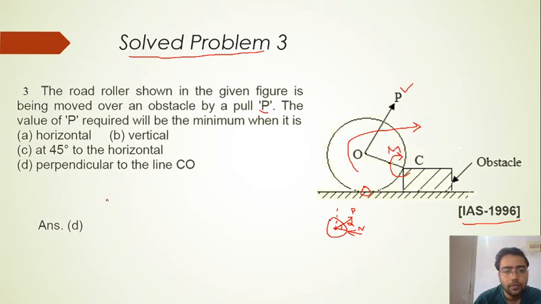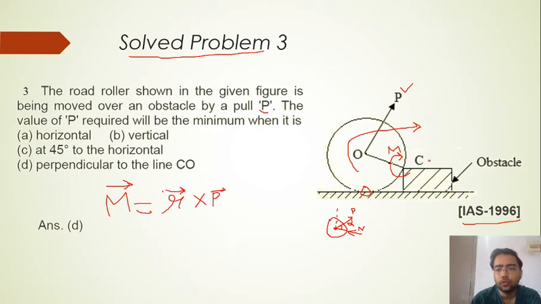M is equal to, obviously a vector, and the formula of M is r cross P. So everything we are taking here is a vector. r is nothing but OC, because P is acting at O. So M is OC cross P.